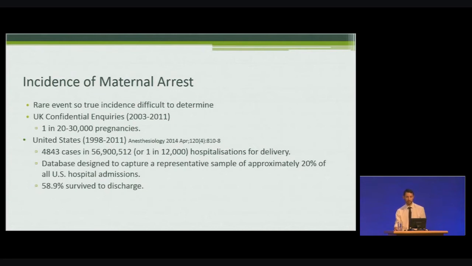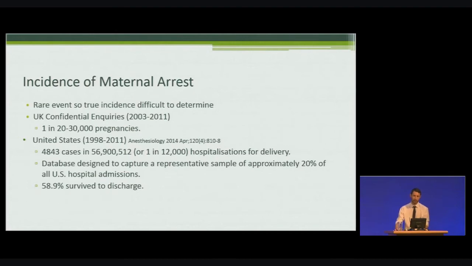This US data comes from a database that was designed to capture a representative sample of approximately 20% of all US hospital admissions. So it's a huge database covering almost 57 million patients. Of note from the US data, approximately 59% survive their cardiac arrest to hospital discharge.